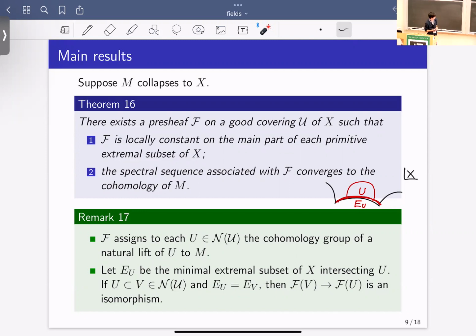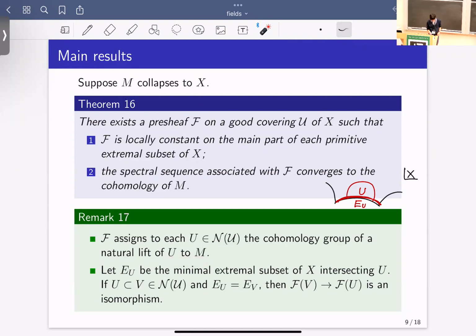The presheaf F is a functor from the nerve of U to the category of groups. Actually F assigns to each element of the nerve the cohomology group of a natural lift of U to M. A good covering is defined by strictly concave functions, and strictly concave functions are based on distance functions, so you can lift it to M.